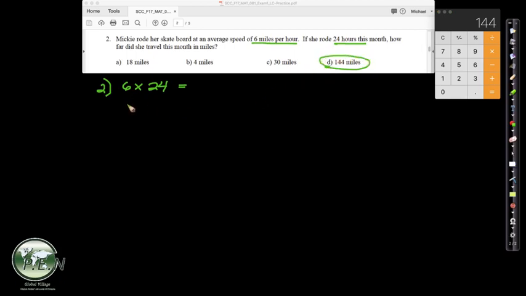Okay, and a little bit later we'll do this, but what we could think of is 6 miles per hour. I know it's a little advanced, but what we really did is times 24 hours.